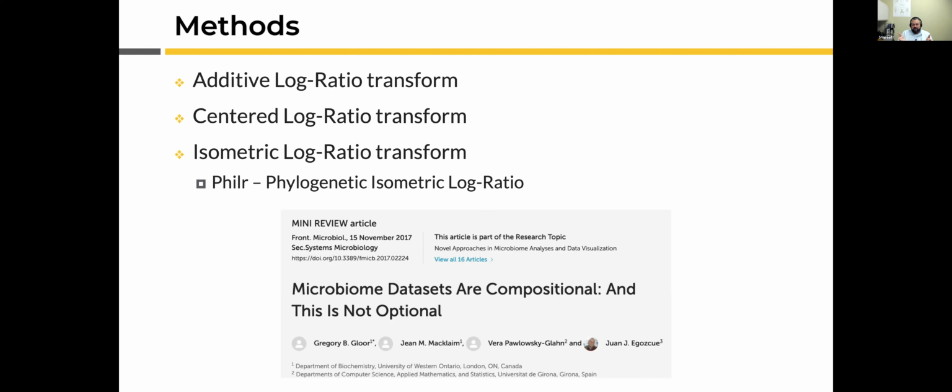And we can't necessarily say that that's the case because we don't necessarily know where those zeros came from. So that's one of my issues with just transforming to Euclidean space and running PCA.